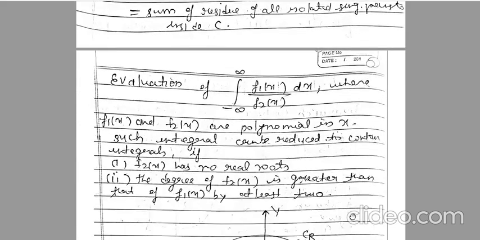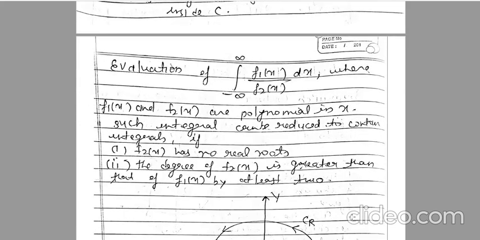Now, which type of question will be asked in our final semester exam? Questions on evaluation of improper integral. We will convert the improper integral into a proper definite integral, then solve it. If the given integral is in the form of x, we have to convert it into the form of z, like integral of f(z) dz.